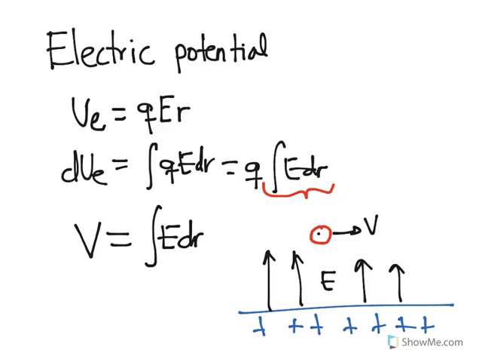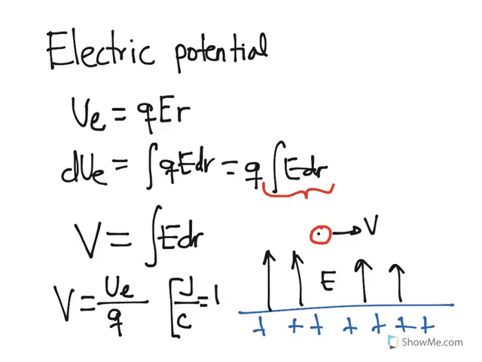So we can define this electric potential as the energy over the charge we're evaluating. This has units of joules per coulomb, and these joules per coulomb are called volt. We can also call the potential voltage.